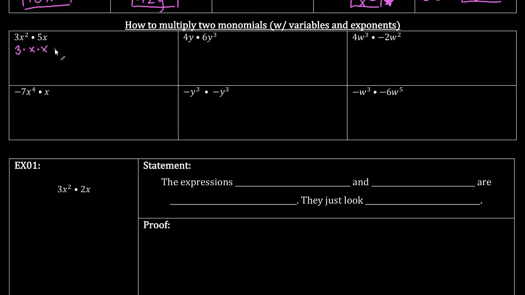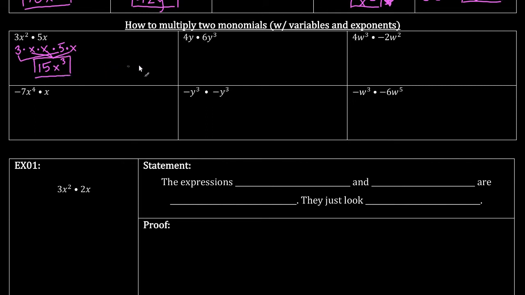And then times 5 times x. This is a string of multiplication, and we can multiply in any order. So I may as well multiply the 3 and the 5, which gives us 15. And we have x times x times x, which is x to the third power.